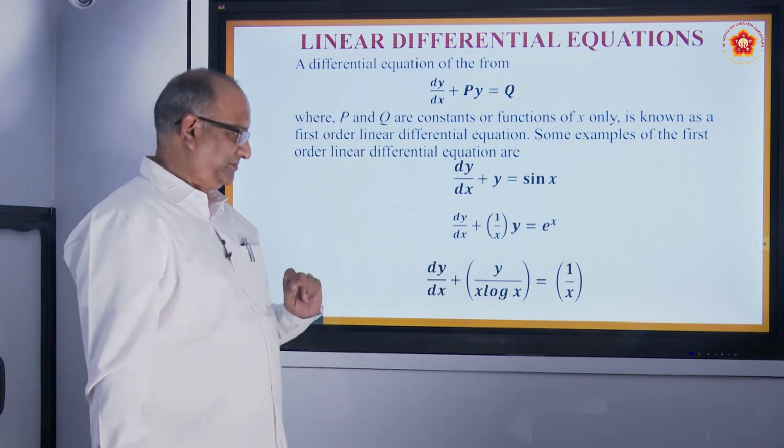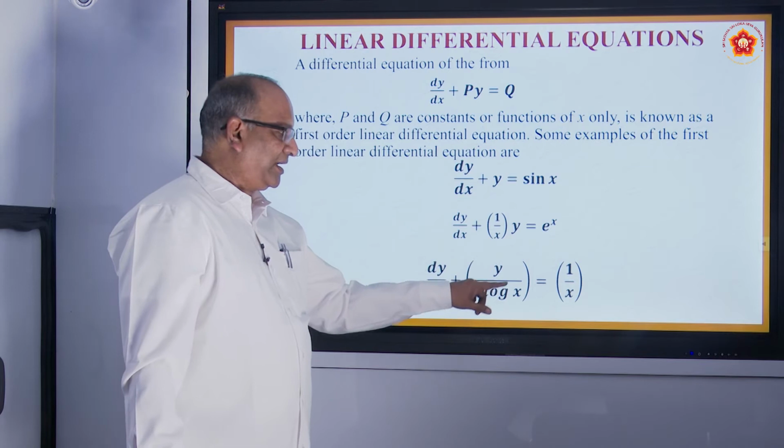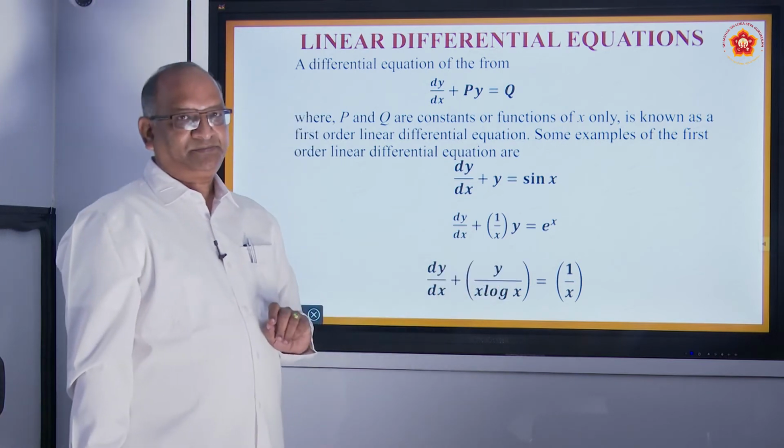Come to the third one. dy by dx plus y upon x log x equal to 1 by x.